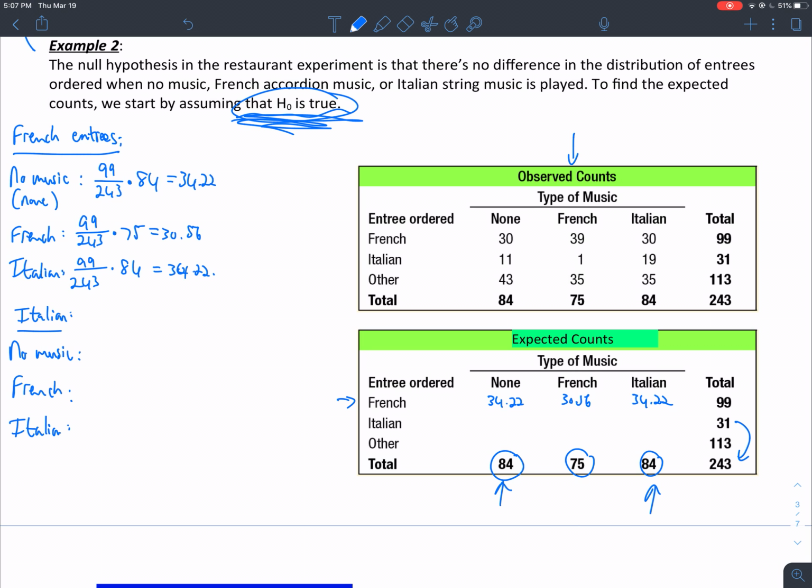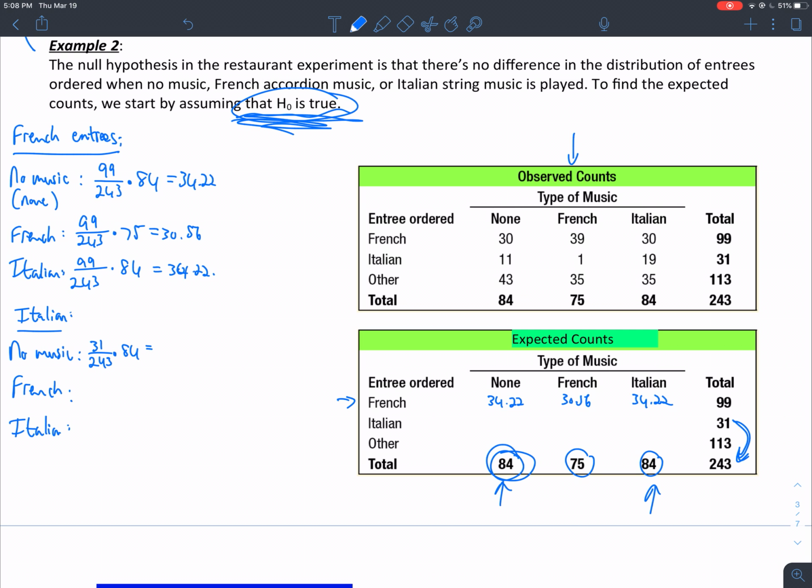So for each treatment group, no music, French music, and Italian music, I need to come up with all my expected counts. I start with my expected proportion, which is 31 out of 243, and then I would do times the total number of entrees in the no music treatment group, which is 84.